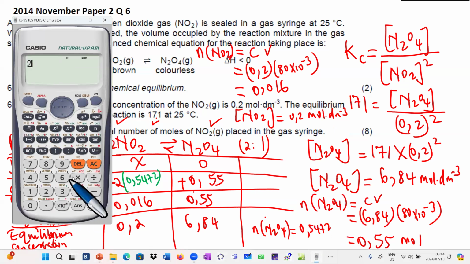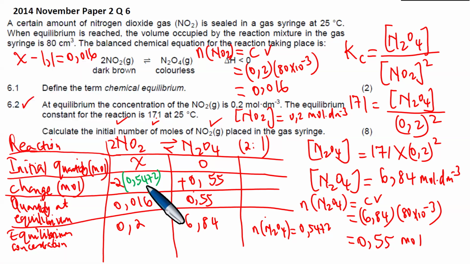So then we have 2 times 0.5472. It's exactly this one, which means this is a very exact result: 1,0944.